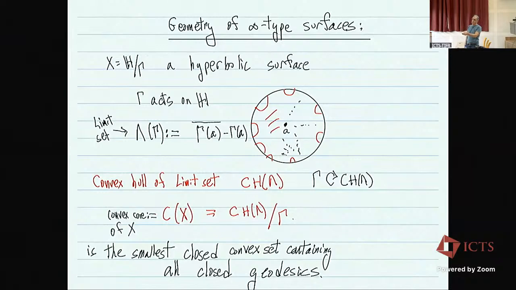So all closed geodesics are in the convex core. And in fact, the convex core is the smallest closed convex subset of X that contains all the closed geodesics. There's countably many of these. By the way, closed geodesics now in this context can be non-simple. And sometimes they're more interesting than the simple ones. Questions about this?